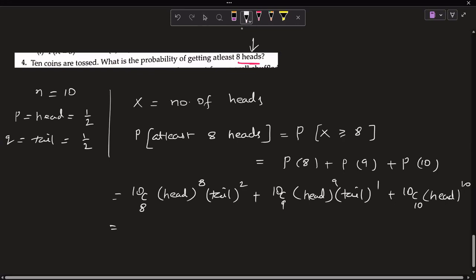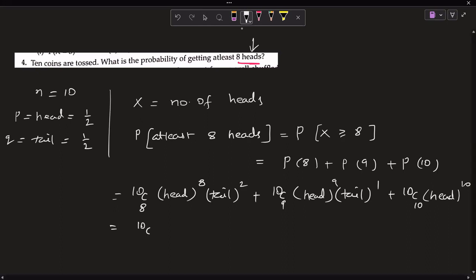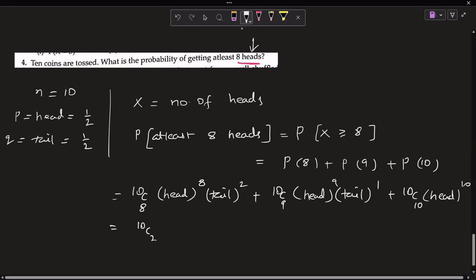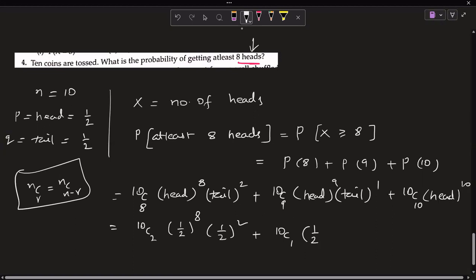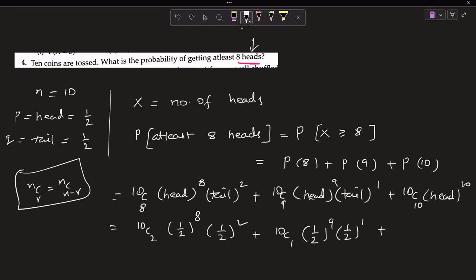Okay, so 10C8 means 10C2. Equidistant binomial coefficients are equal: NCR is equal to NC(N minus R). Head probability 1 by 2 power 8, tail probability 1 by 2 power 8, plus 10C9 is nothing but 10C1 and 1 by 2 power 9 and 1 by 2 power 1, plus 10C10 is 1 and 1 by 2 power 10.